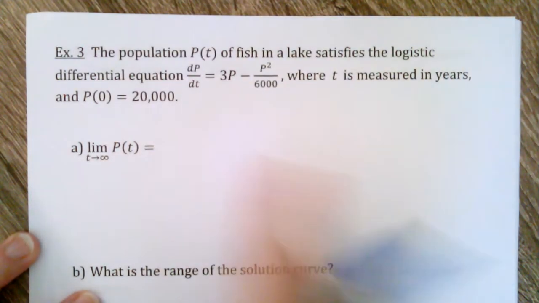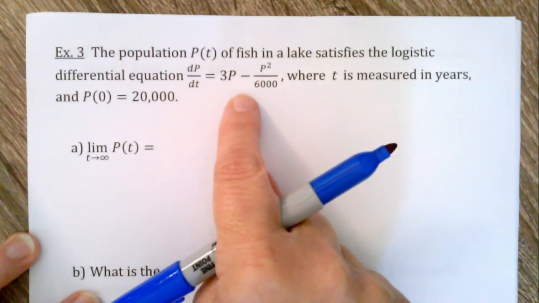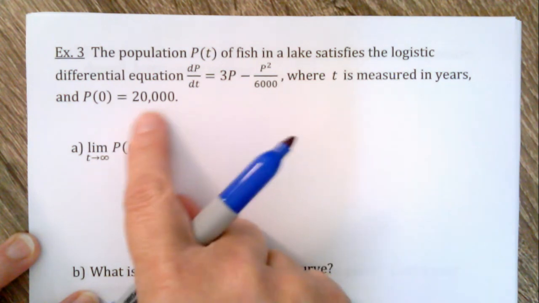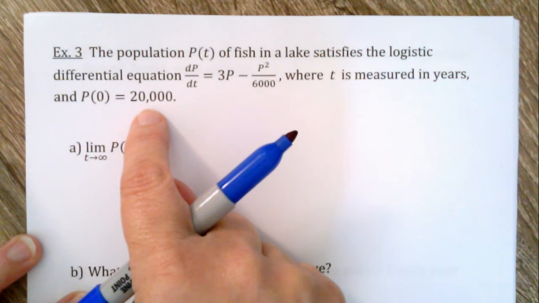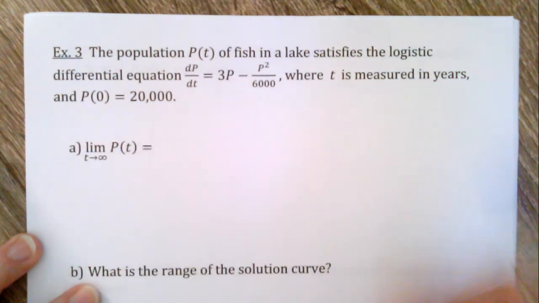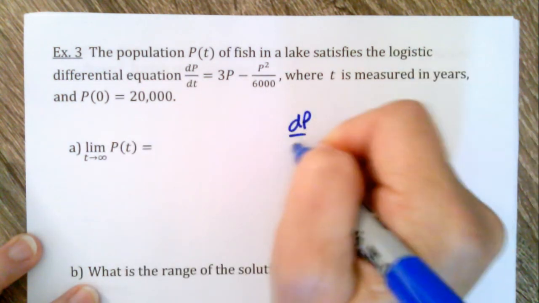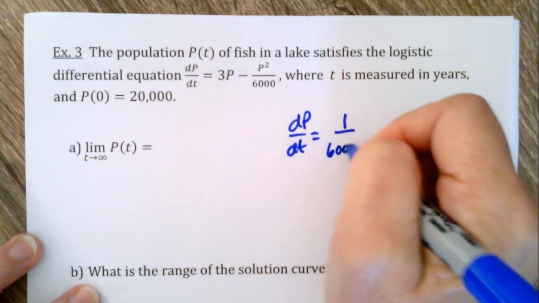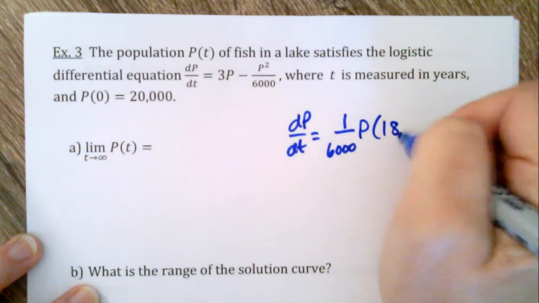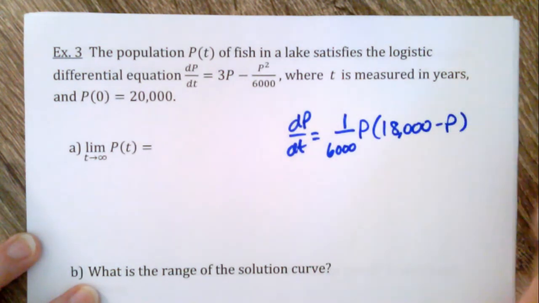Final example, same differential equation, same fish, same lake, except this time our initial population is 20,000. So think about what we're saying there. We have said that dP/dt is equal to 1/6,000 P times (18,000 minus P).